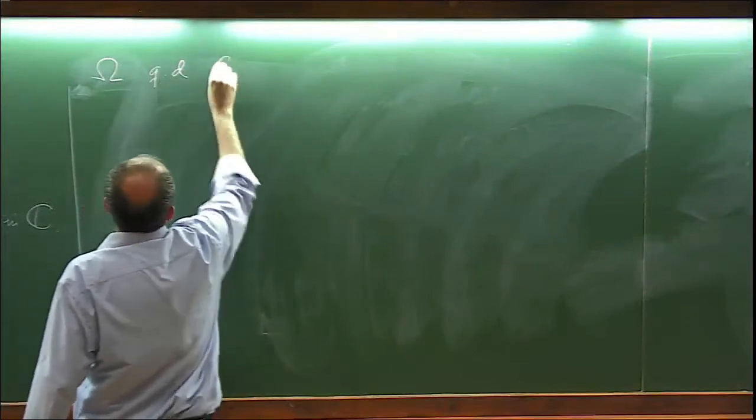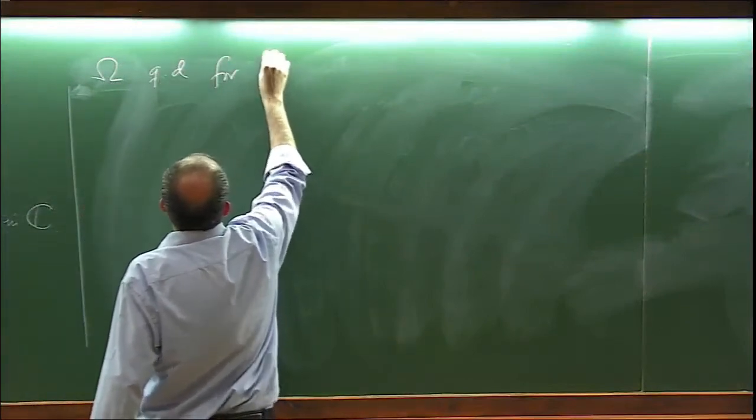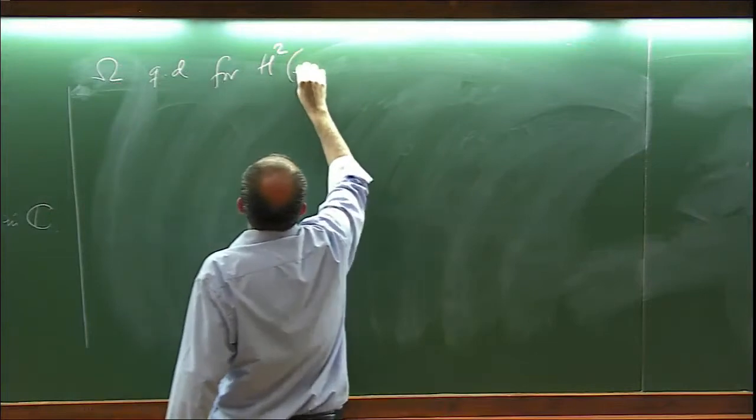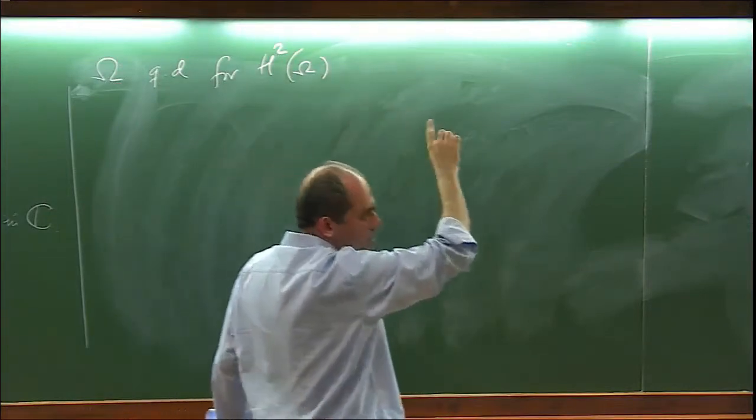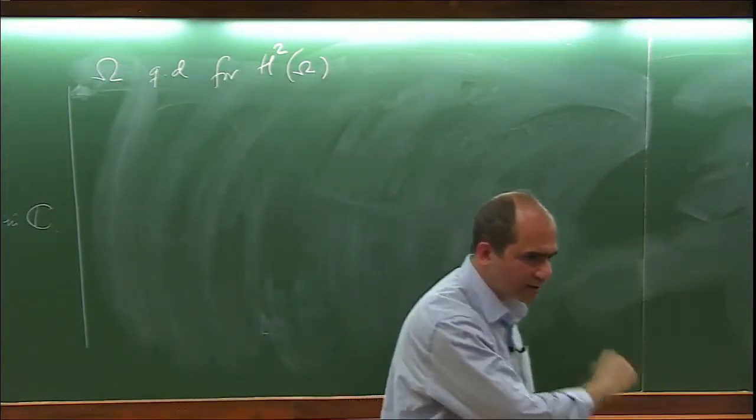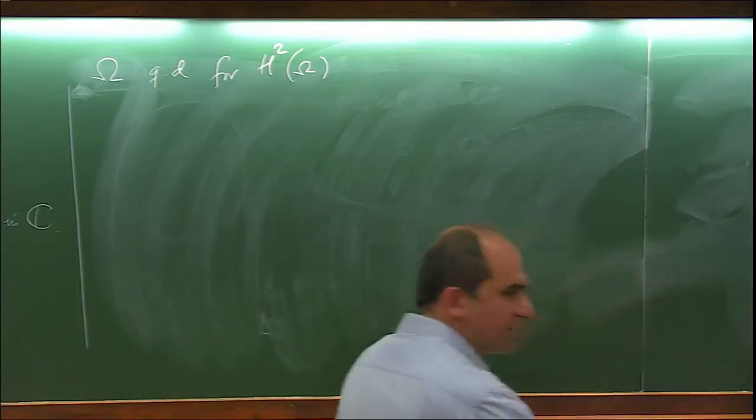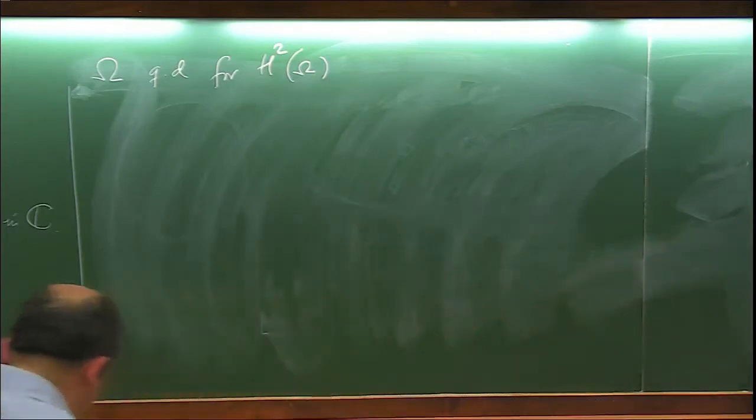We will look at quadrature domains now for the class H2 of omega, so square integrable holomorphic functions. I've just changed my test class a bit now because you need inner products and so on.